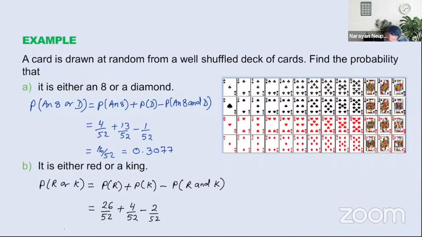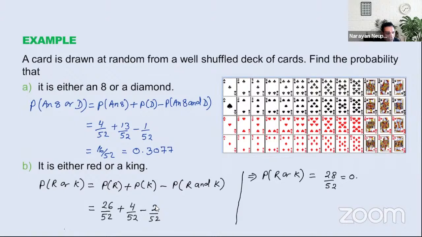So if we simplify this, the probability of red or king will be equal to, okay, we have a common denominator of 52, 26 plus 4 is 30, minus 2 is 28 out of 52. And if we simplify this using a calculator, make sure you try this.